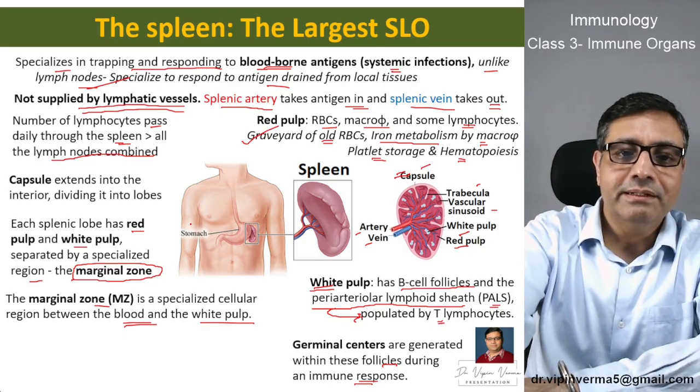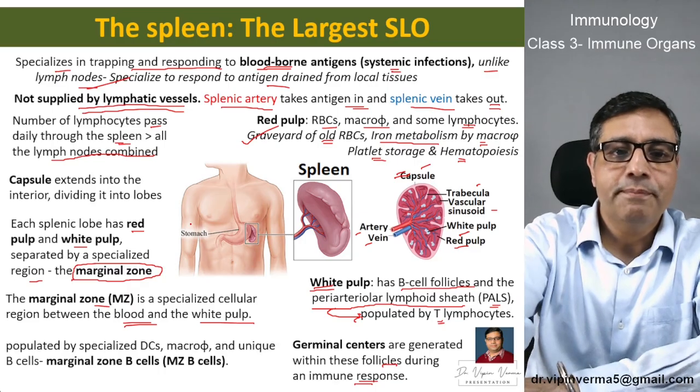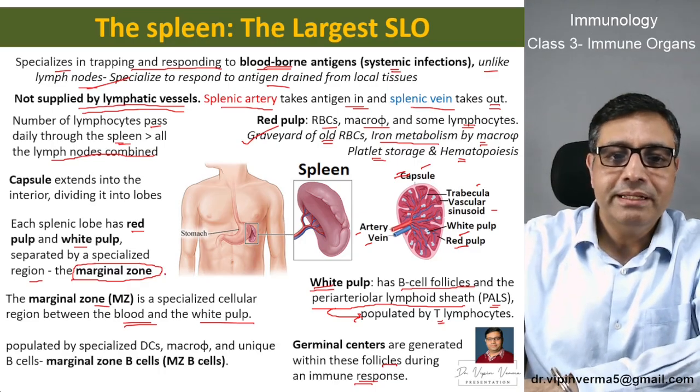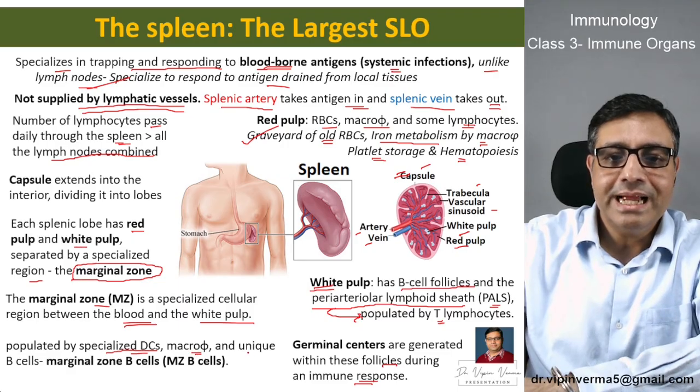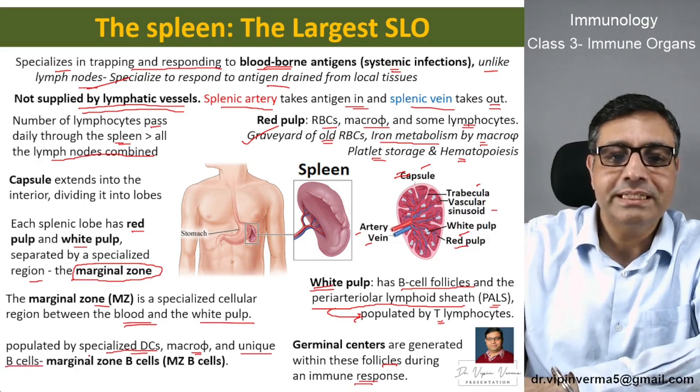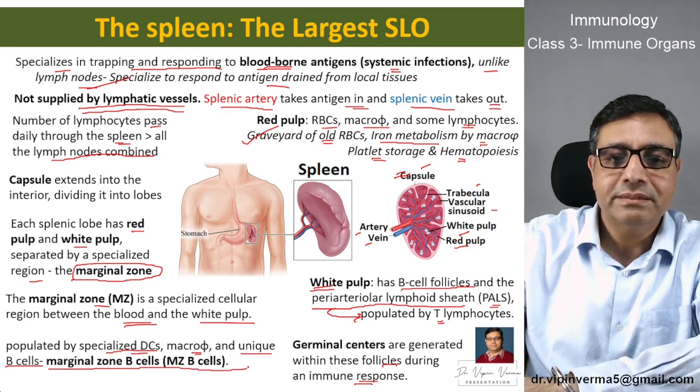The marginal zone is populated by special dendritic cells, specialized macrophages, and unique B cells. These B cells are different from the normal B cells, and we call them marginal zone B cells, or MZB cells for short.